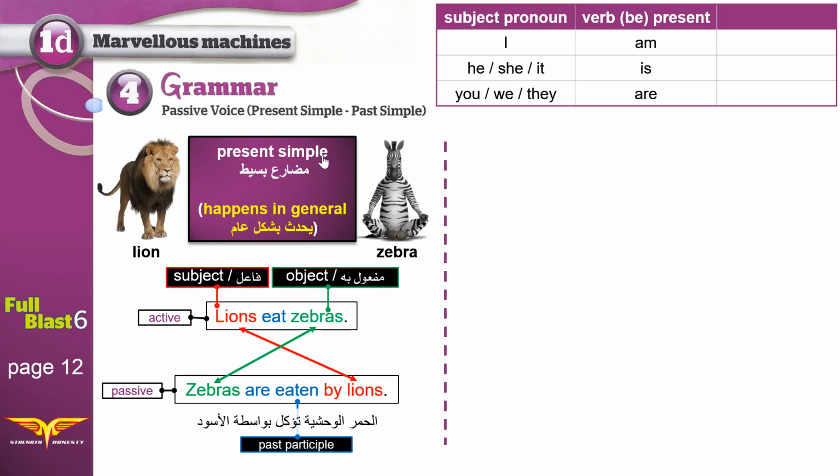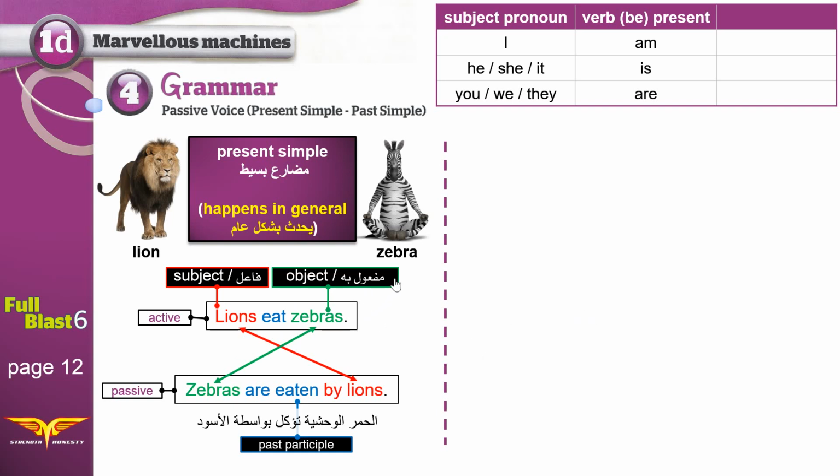Present simple is something that happens in general, like it normally happens, like every day, it happens all the time. Lions eat zebras all the time, in the past, today, in the future, like I go to school. This happens in general. I work in a school, so I go to school regularly.